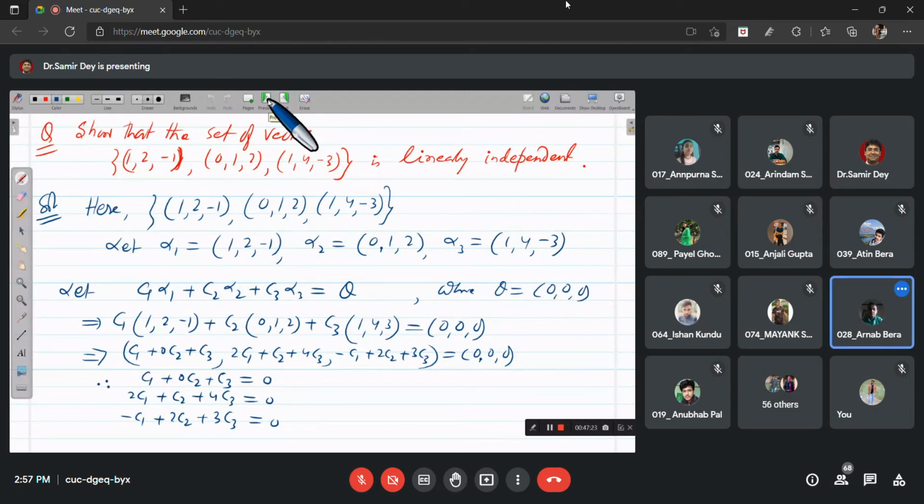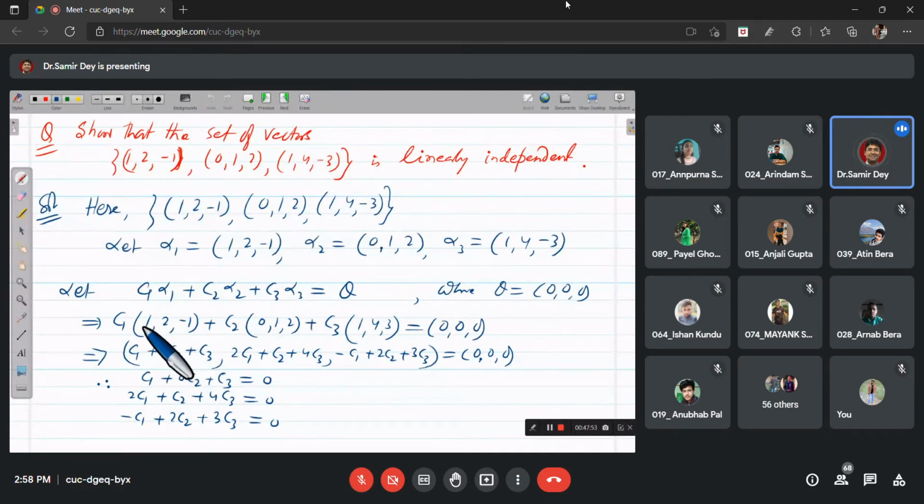The last C3 bracket is 1, 4, minus 3. Second line after that. Okay. Then this one.